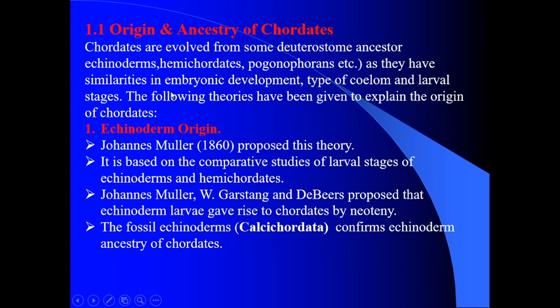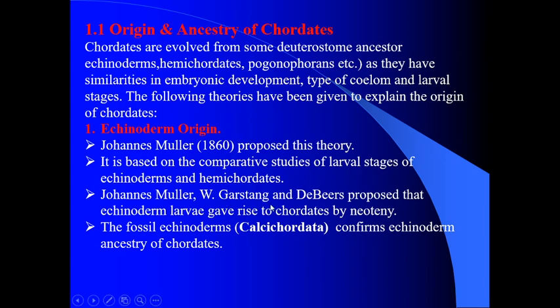Now some scientists have studied that and proposed different theories, for example, Johannes Müller. He proposed that these chordates originated from the echinoderms. For that, he showed certain comparative studies between the larvae of the echinoderms and hemichordates with the chordates.